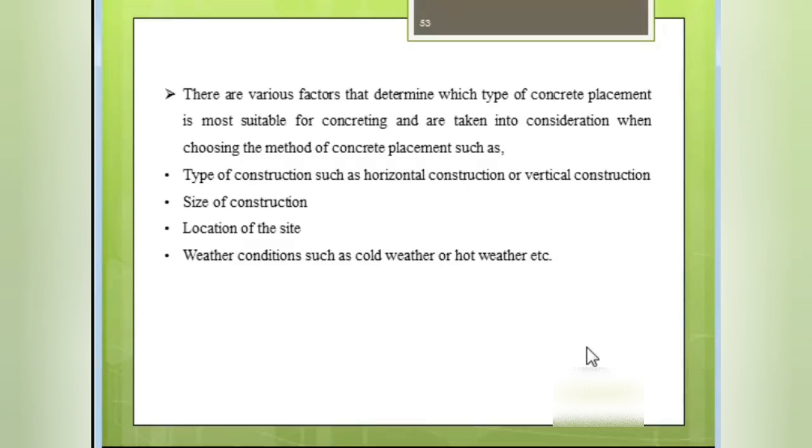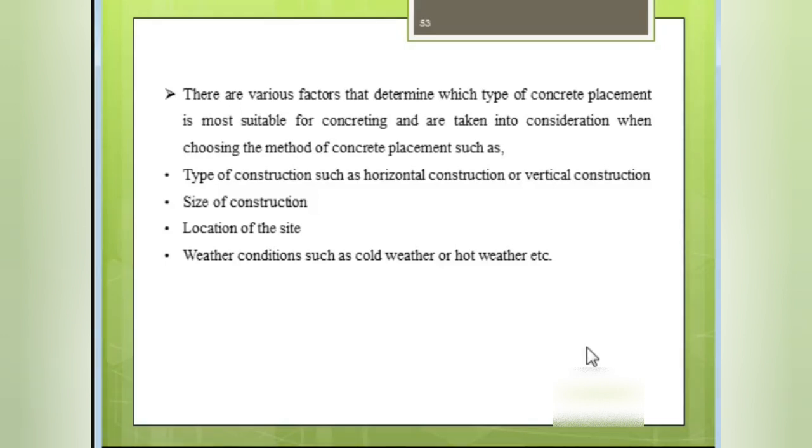There are various factors that determine which type of concrete placement is most suitable for the concreting, and they are taken into consideration when choosing the methodology of placement. Types of construction, such as horizontal or vertical construction, as I explained earlier. Then size of construction: how wide the concreting is.